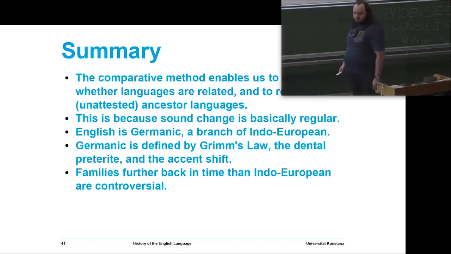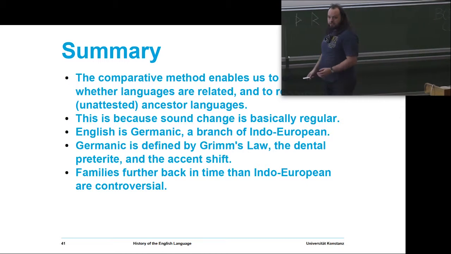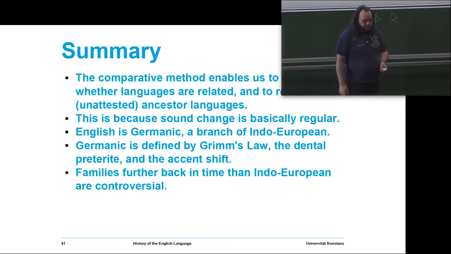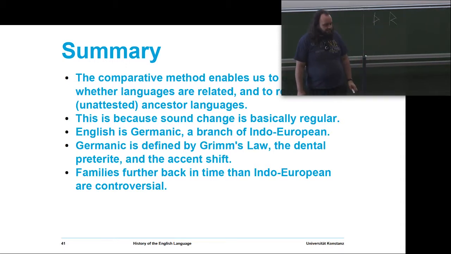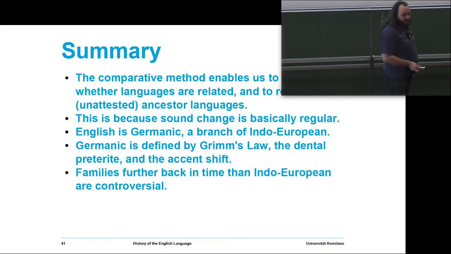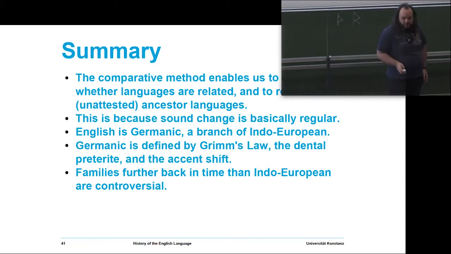Right, so just to recap what we've covered today, we've covered the comparative method. This is a method to establish relatedness between languages and to reconstruct unattested ancestor languages. And this works because of an important property of sound change, the property that sound change is in fact regular. English is a Germanic language that we can establish using this comparative method.